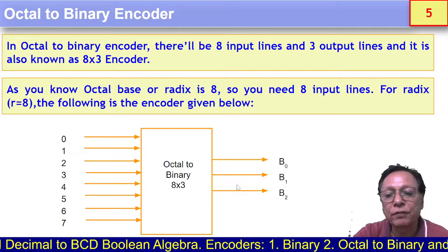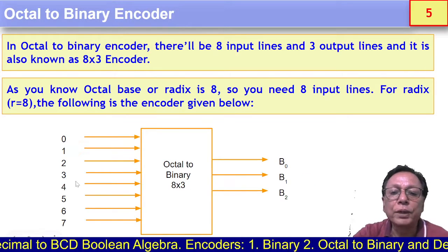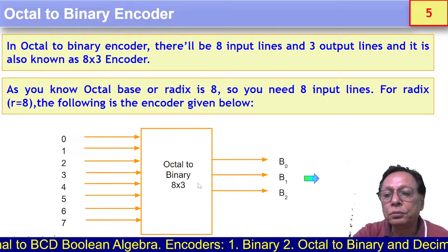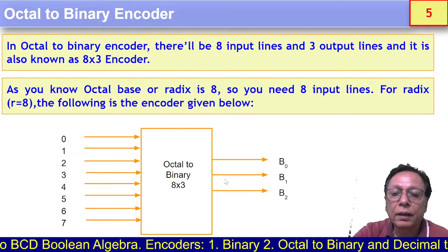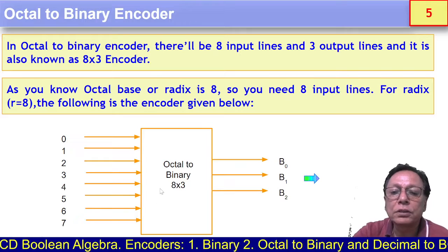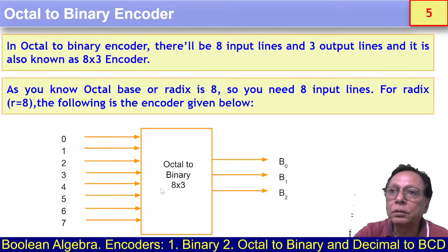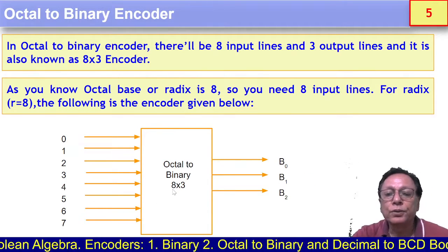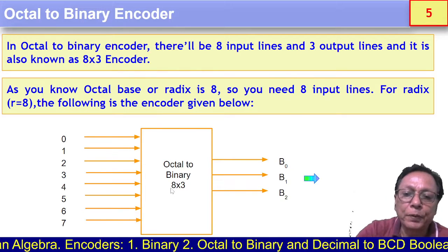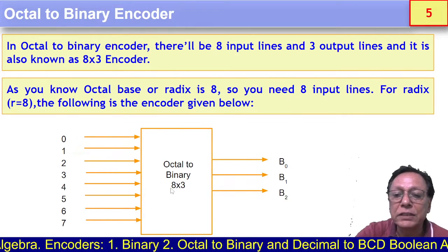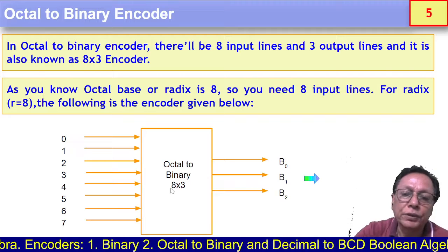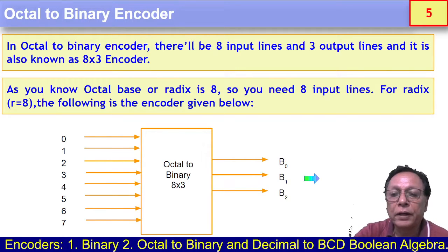This is the job of an encoder, and this time we are going to convert octal to binary. So what should be the processing and the mechanism of the octal to binary encoder?